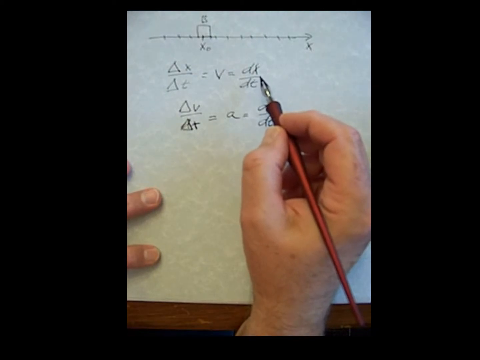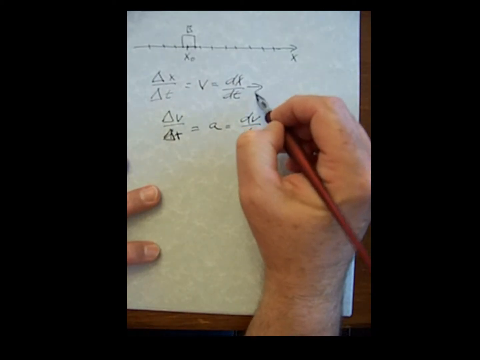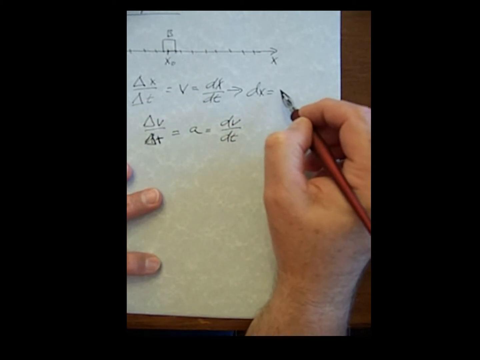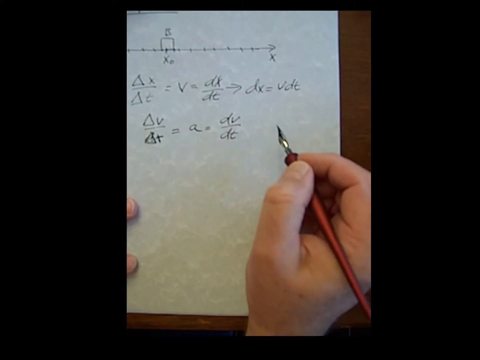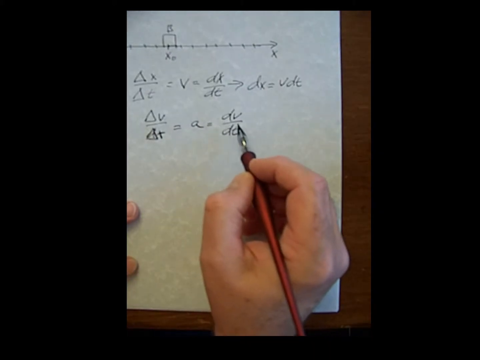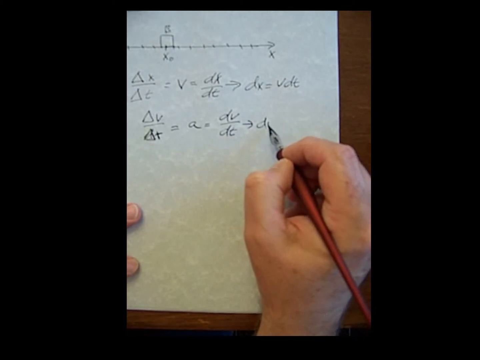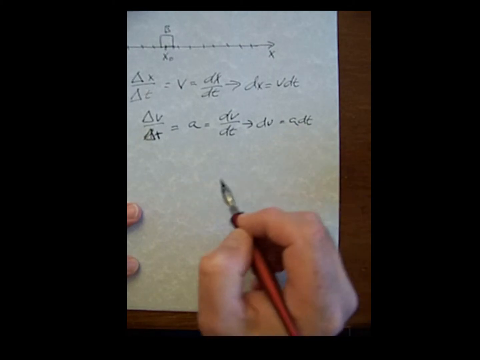Going back to this equation here, we can see it follows that dx equals v dt. And we can look at this equation from which it follows that dv equals a dt.